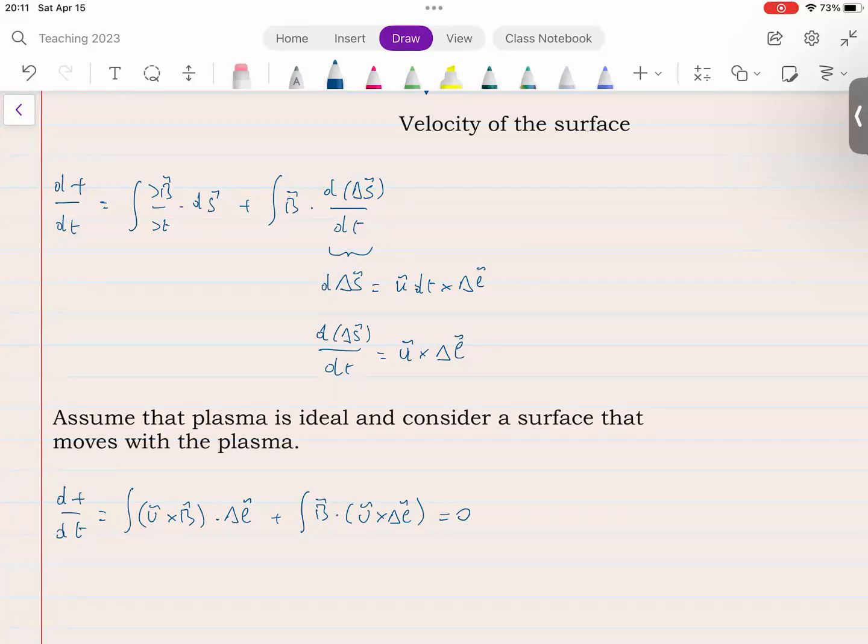And again, this is going to be true if we can neglect resistivity in the system. Okay, so that's going to be it for this lecture, and we'll see you back for lecture 26.